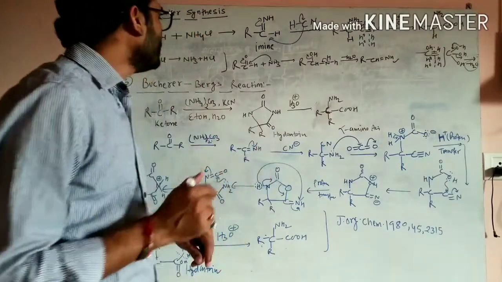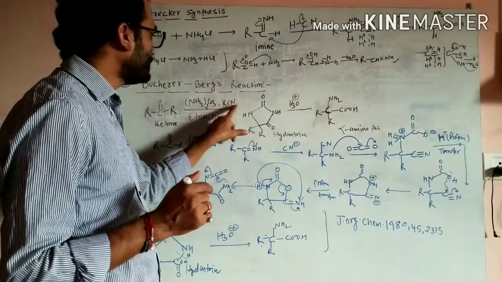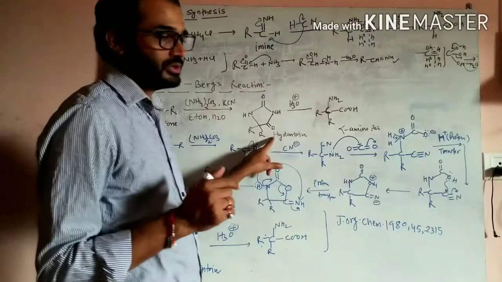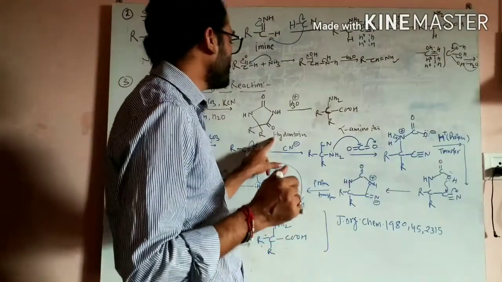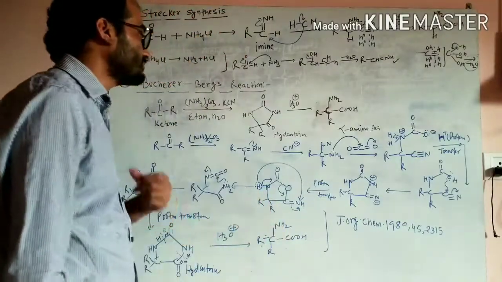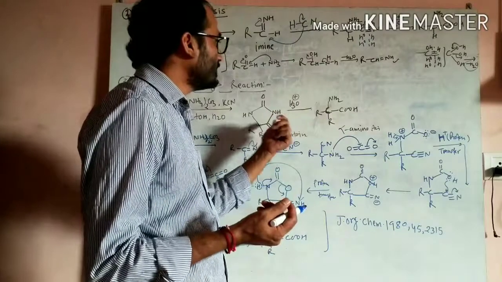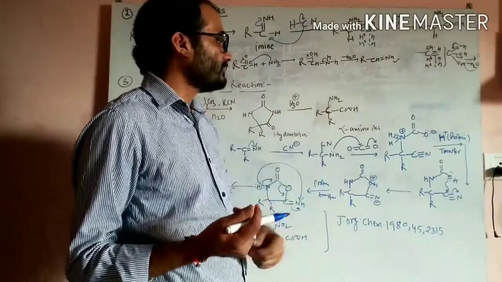When this ketone is reacted with ammonium carbonate and potassium cyanide, it gives a hydantoin intermediate, and this hydantoin intermediate is hydrolyzed to give an alpha amino acid.